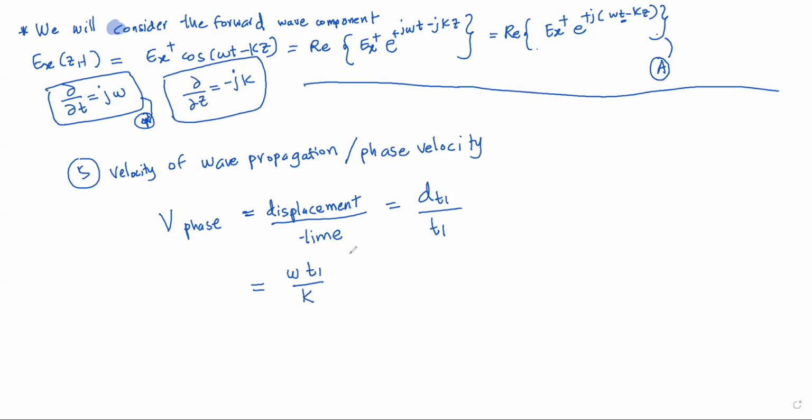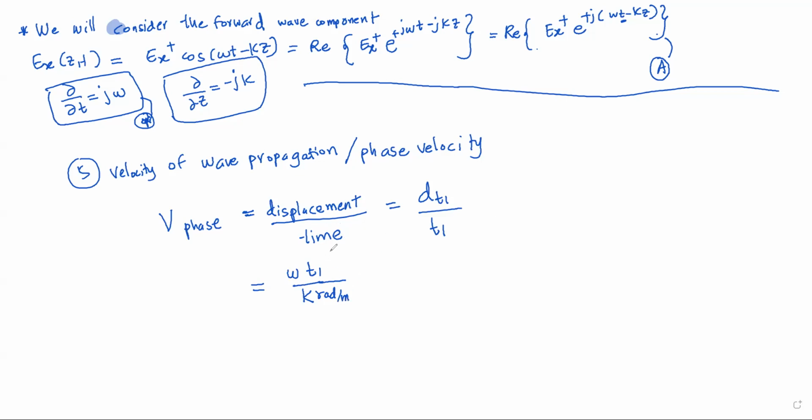The wave number, as I said before, is the rate of change of phase, the rate of change of phase per unit length. Therefore we have its units as radians per meter.